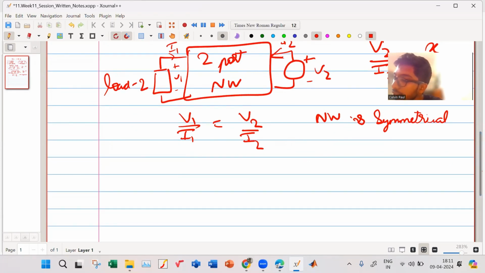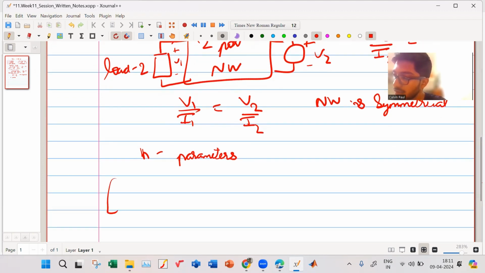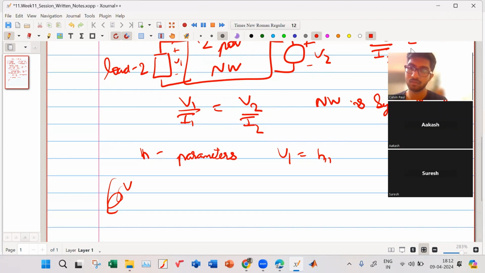So what are the equations for H parameters? How do we represent H parameters in terms of matrices? V1 is equal to H11 into I1 plus H12 into V2.